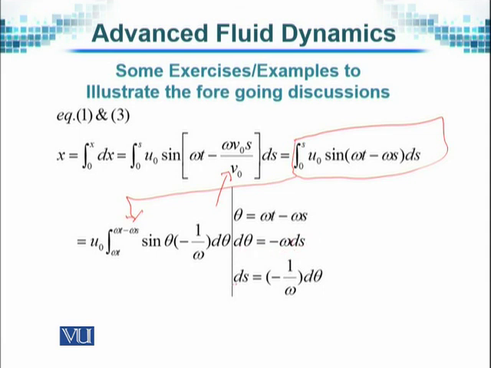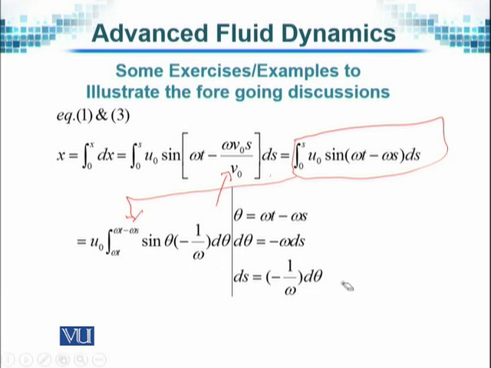From these, ds is equal to minus 1 over omega times d theta, which we write as this. So we change the value of ds and write instead minus 1 by omega times d theta, and we obtain this value.